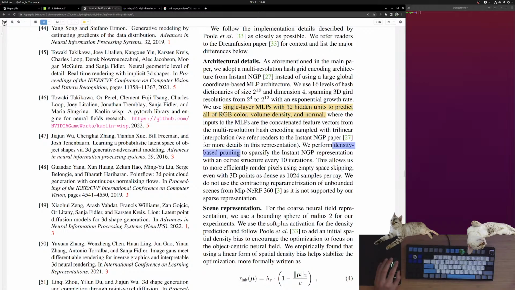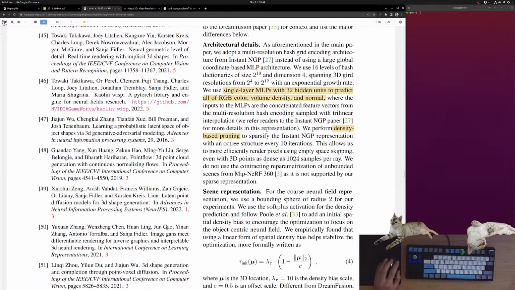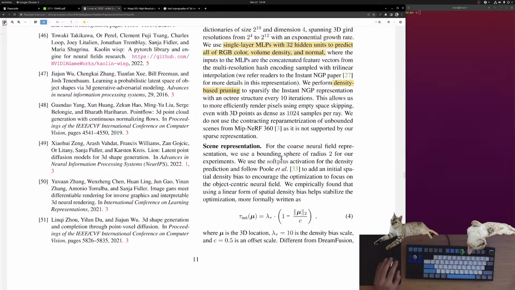This is where you prune the octree. They're doing it every 10 iterations. Coarse neural field, there's a bounding sphere of radius 2. We empirically found that using a linear form of spatial density bias helps stabilize the optimization.